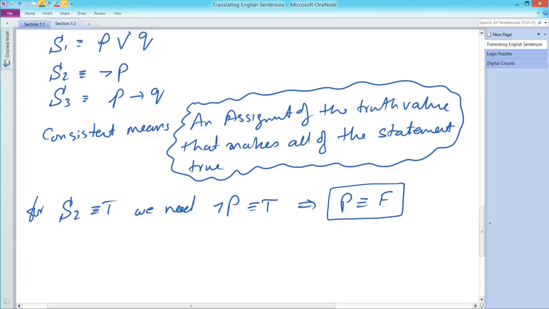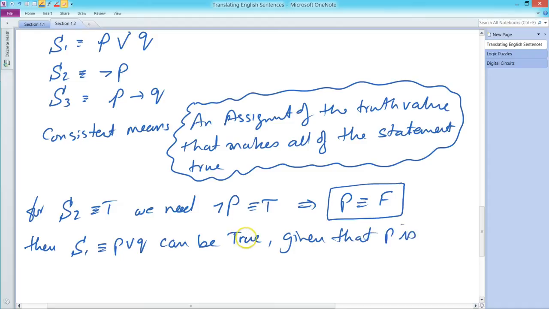Look at S1, which is P or Q. Given that P is false, it can be true only if Q is true.